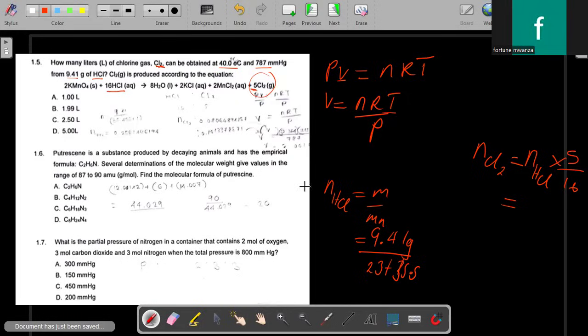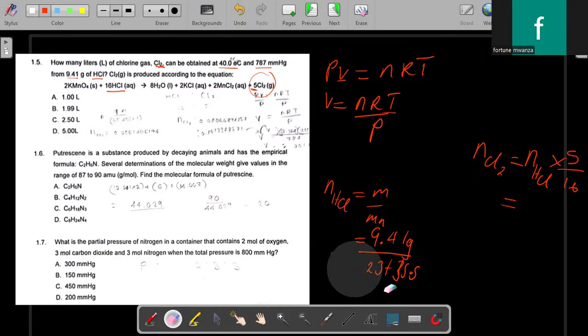I made a mistake, it's not sodium, it's hydrogen. So hydrogen is going to be 1, but you use 1.008, plus the molar mass for my chlorine, which is 35.5.